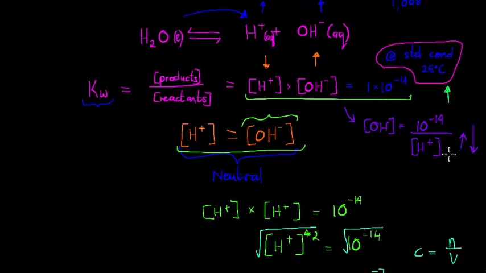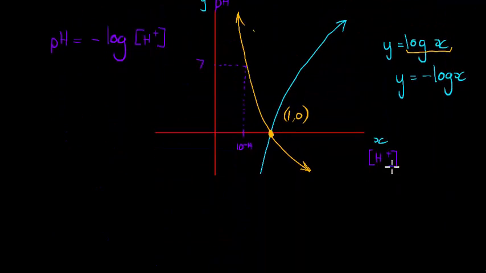Therefore if hydrogen increases, hydroxide decreases, or if hydrogen decreases, the denominator decreases, which increases the fraction, which means that hydroxide is increasing. Just keep in mind that even though on my horizontal axis I have hydrogen, it also indirectly refers to the hydroxide concentration, as 10 to the power of negative 14 divided by hydrogen.